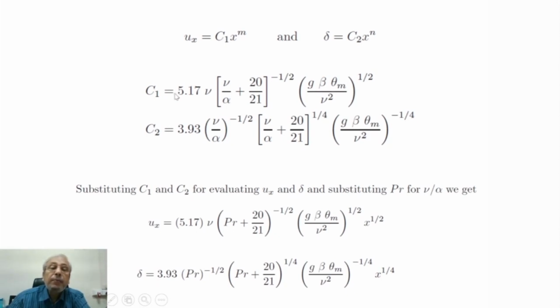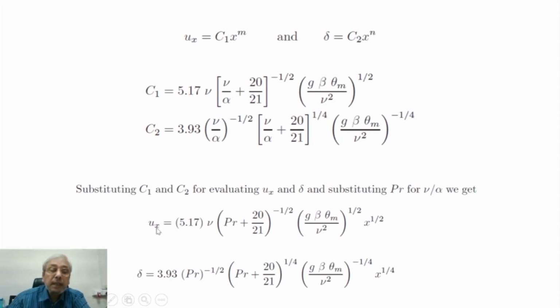If we substitute the values of C1 and C2 in these two expressions, and we have a priori found the values of m and n, m is half and n is 1 by 4.